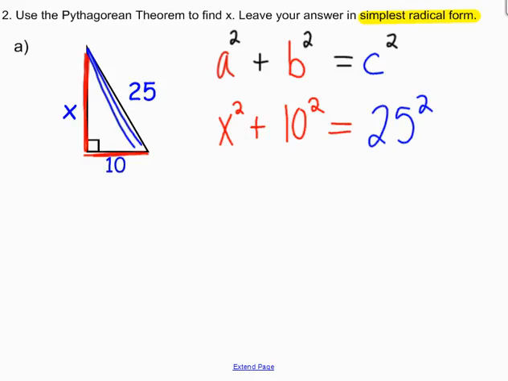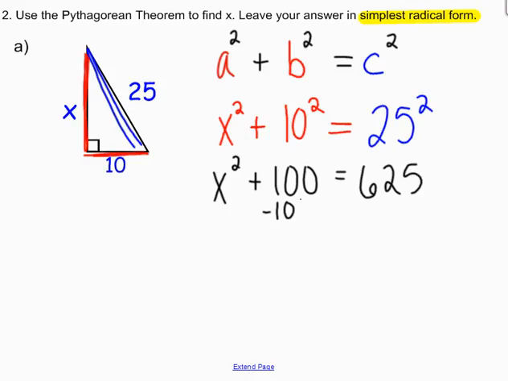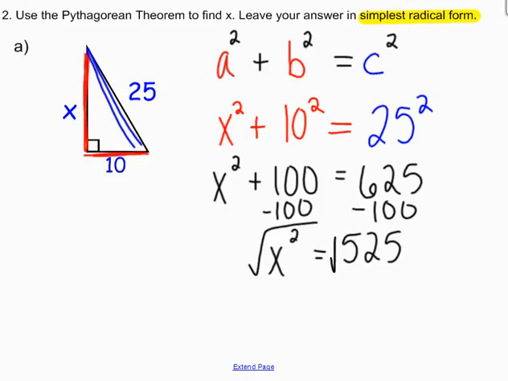So first, I'm going to simplify everything down. I get x squared plus 100 equals 625. So 25 squared is 625. Then I'm going to subtract over 100 to get my x squared alone. And then I'm going to square root both sides.